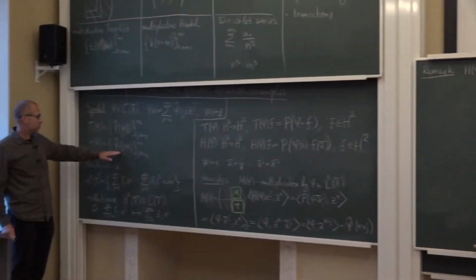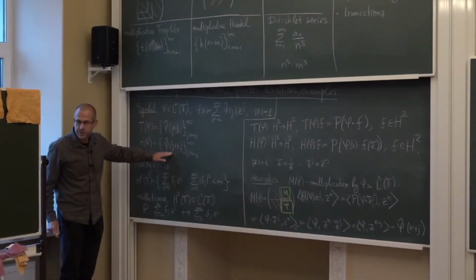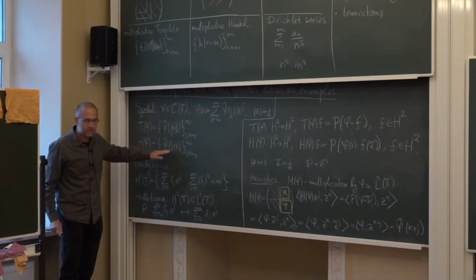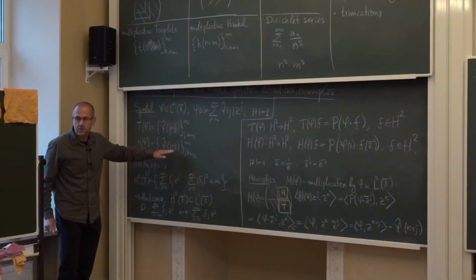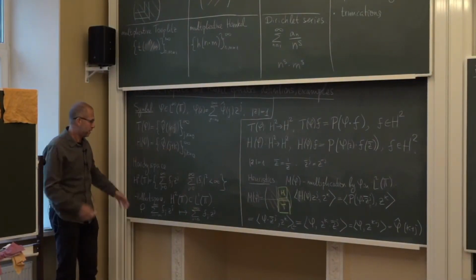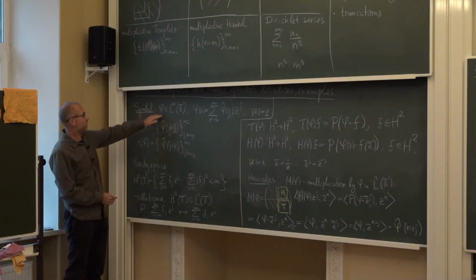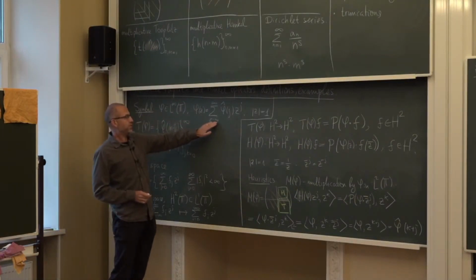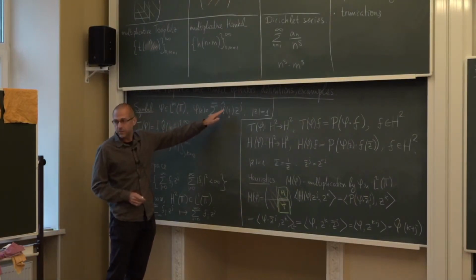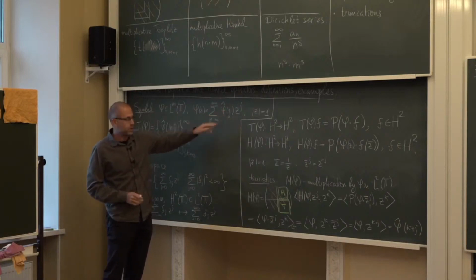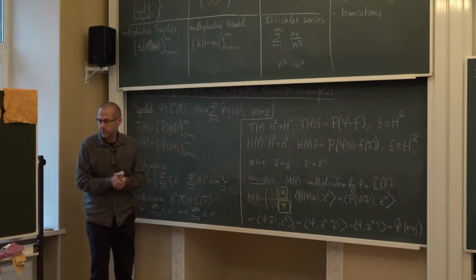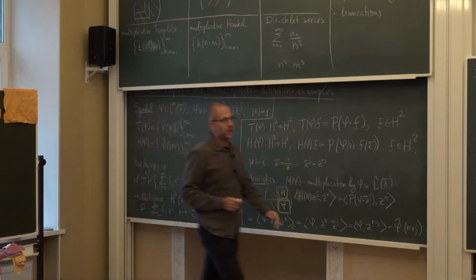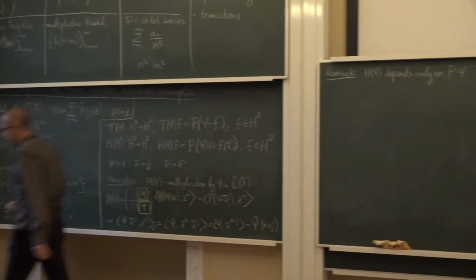It really depends only on the Fourier coefficients of phi with non-negative indices. So it doesn't care. In principle, I can start with any function and add whatever you like for negative Fourier coefficients. But when you take the Hankel operator, it will not notice this. Okay, so this is just a little remark.